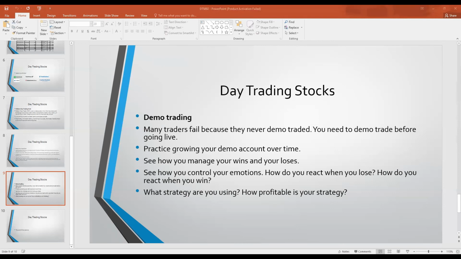Then another friend tells them that they're using a different strategy. This causes the trader to change their strategy again. Then another friend tells the trader that they're using a different strategy, and the trader changes the strategy again. If a trader continuously changes their strategy, they will not fully reap the benefits of their strategy. They need to stick to their strategy.